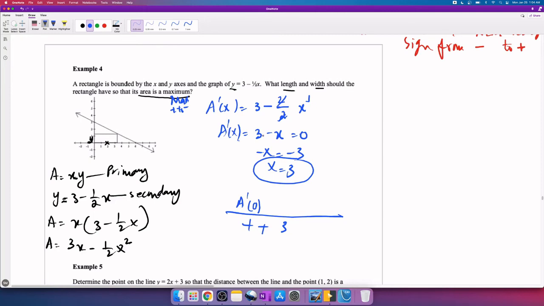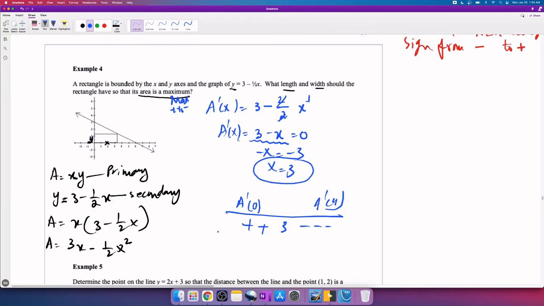Now plug in 4. When I plug in 4, 3 subtract 4 is negative. So 3 is the x where the area is at its extreme. This is x, so I have to look for the y now.